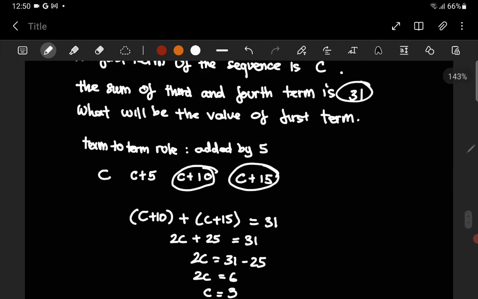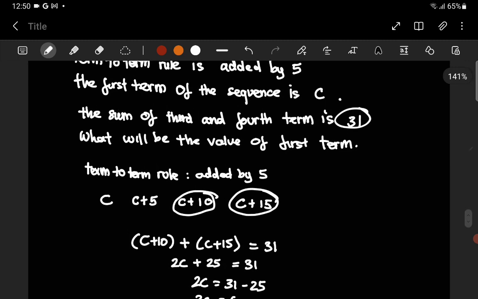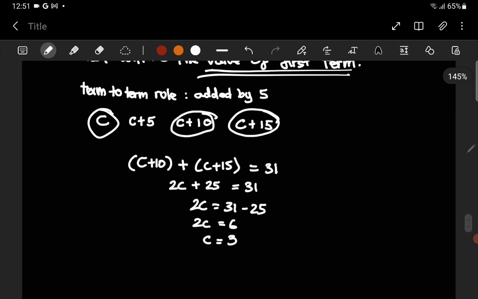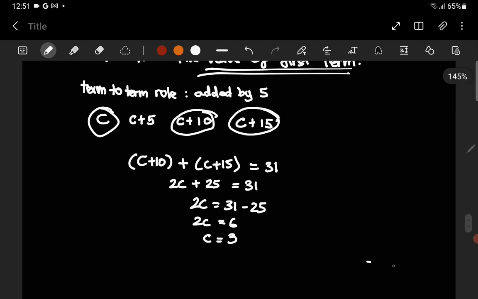Now, what will be the question here? What will be the value of the first term? What is the first term? C. So what is the answer for that one? The answer is, of course, 3. If they ask you what is the value of the second term, then where is the expression of the second term? This one, right? So what is the value of C? 3.